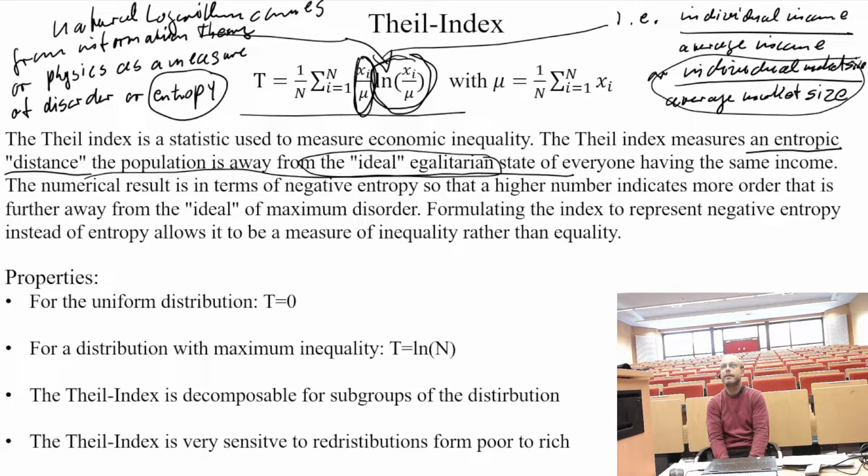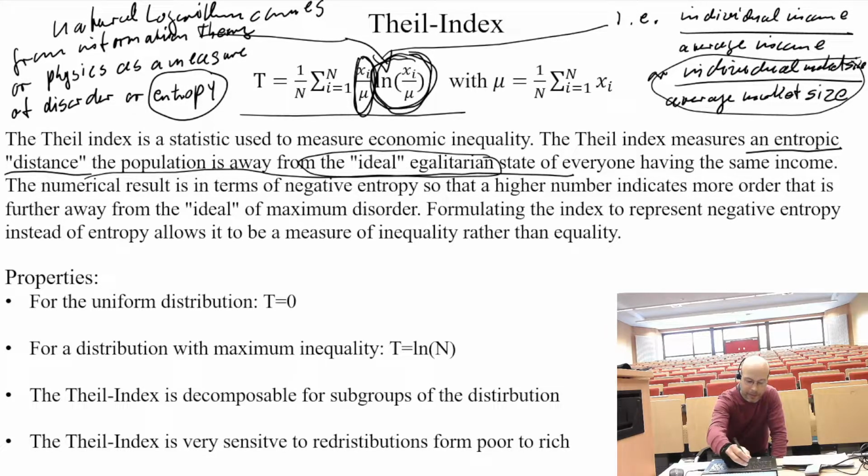In this case, we know that the natural log of 1 is 0, and of course these numbers here can also be negative, and this then means that if we have a negative number here, we have negative entropy, which indicates that we are quite far away from the ideal egalitarian distribution.